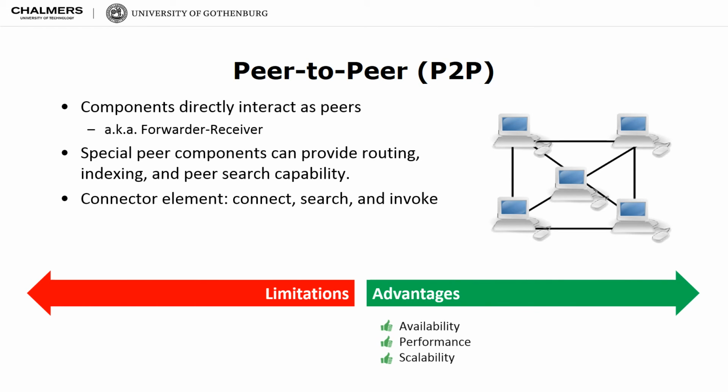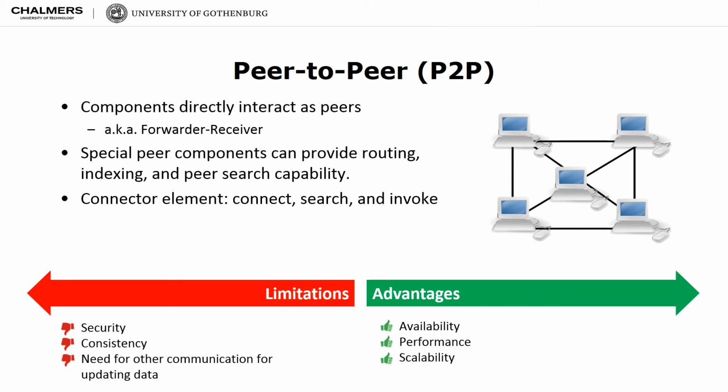On the advantages side, typically multiple peers have overlapping capabilities, such as providing access to the same data or providing equivalent services. Therefore, if one of these peers becomes unavailable, the others can still provide the services to complete the task. The result is improved overall availability.